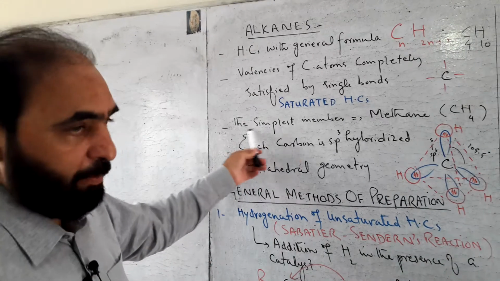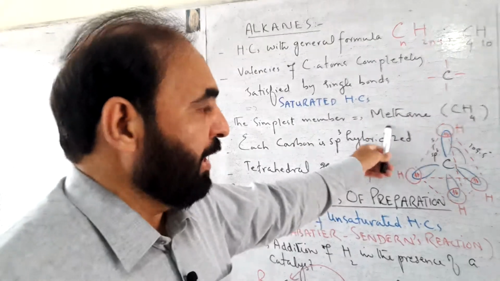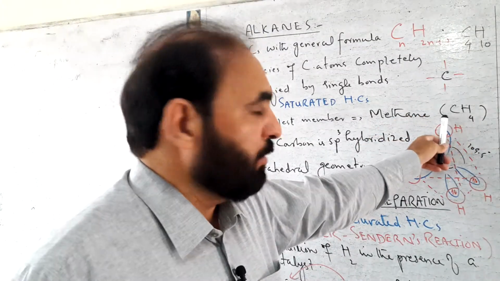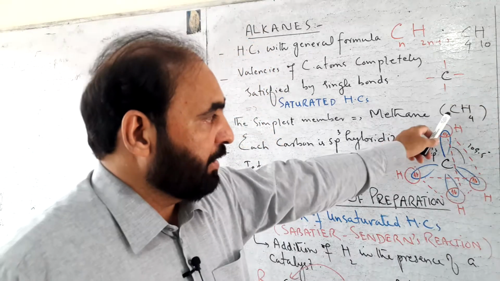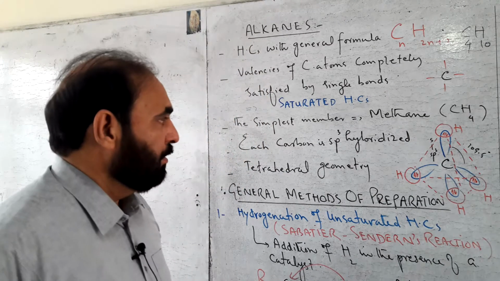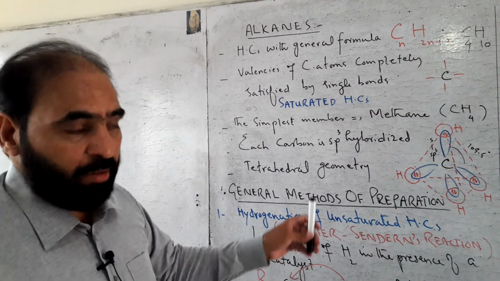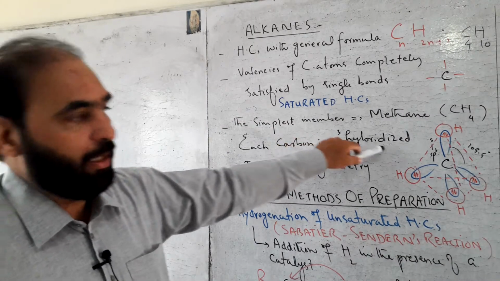The simplest member of this family is with one carbon atom, that is methane. With one carbon atom, the number of hydrogen atoms is 4, CH4. All the 4 valencies of carbon are satisfied by hydrogen atoms. So when carbon makes 4 single bonds, it is sp3 hybridized.